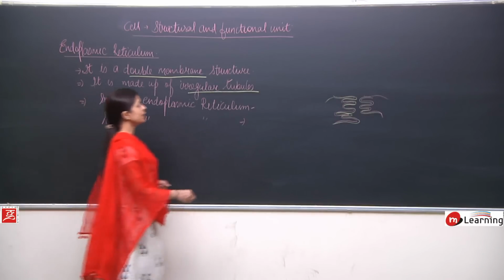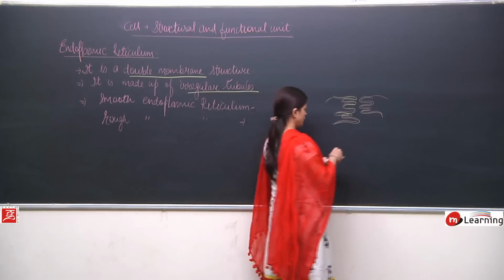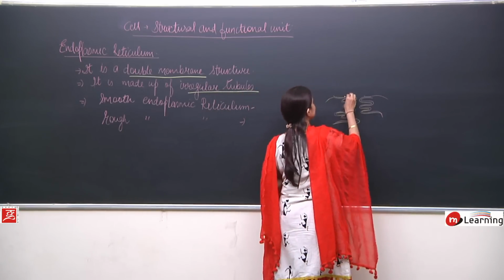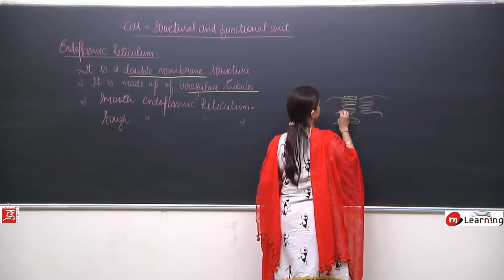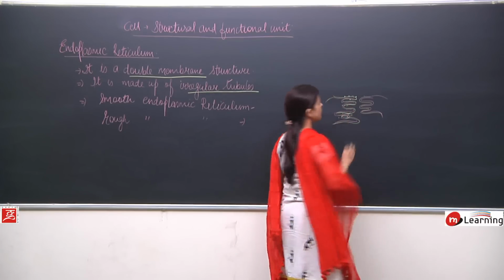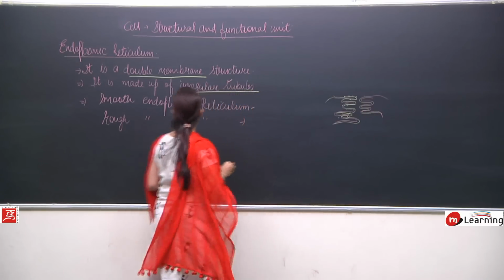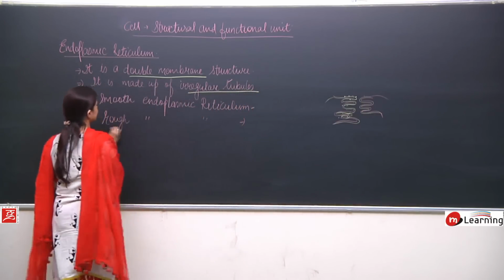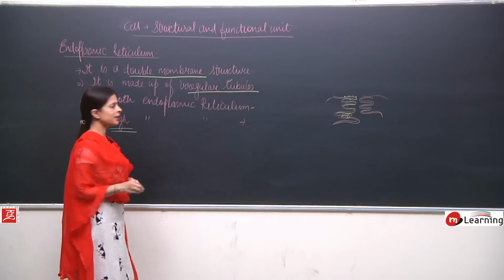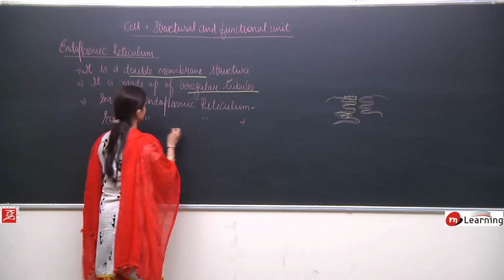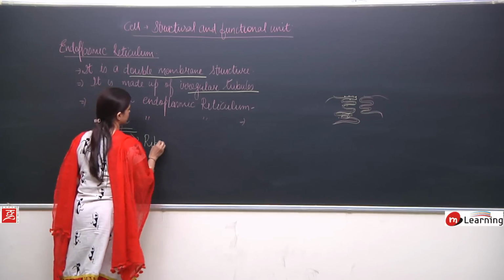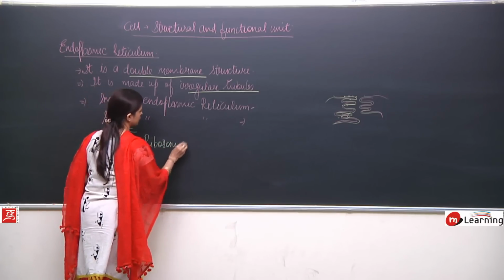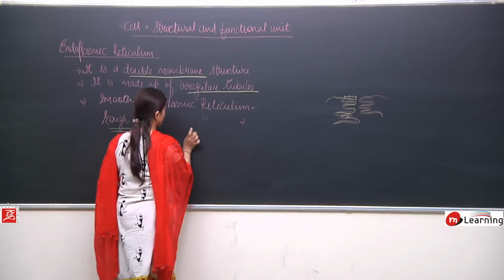If ribosomes are present, these are the ribosomes, then we call it the rough endoplasmic reticulum. So what is present in the rough?